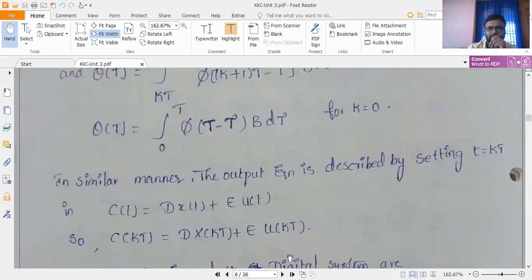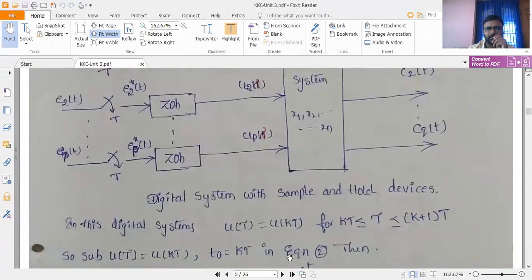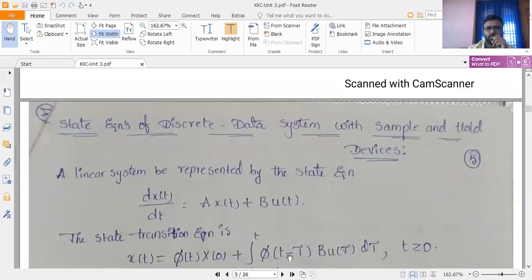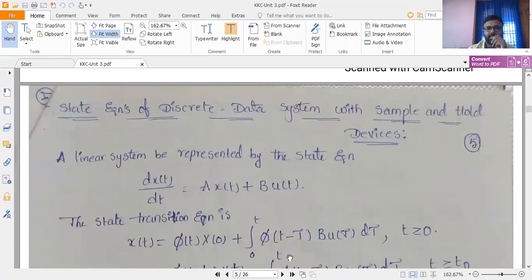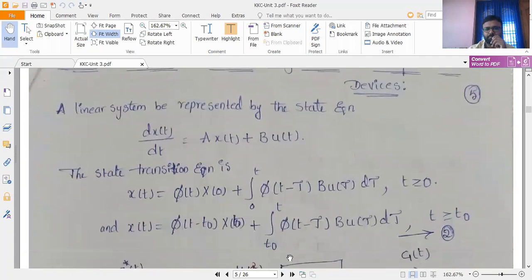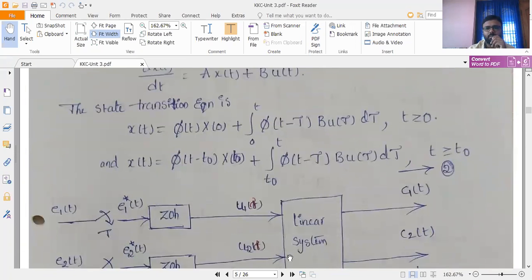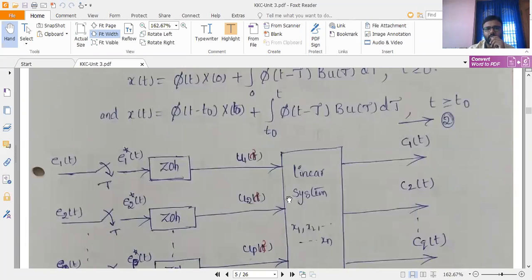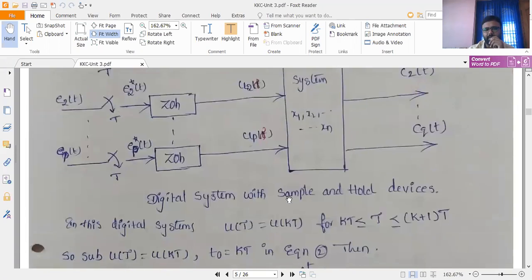Okay, once again I am going to explain this topic. We are going to frame the state equations for the discrete data systems with the sample and hold devices. This is the state equation, with the solution for the non-homogeneous state equations. Here we consider the value of t naught as kT and u of tau as u of kT.